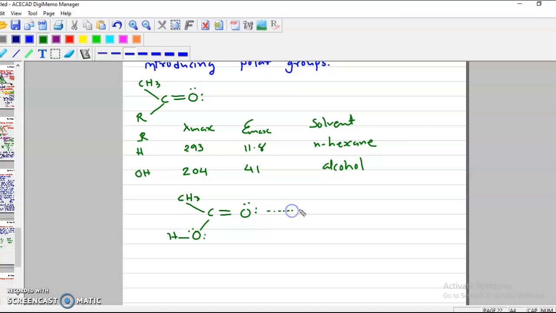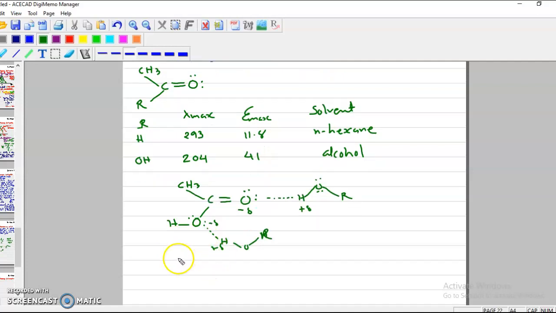Alcohol has a polar OH group, where hydrogen is partly positive and oxygen is negative, so you will find hydrogen bonds. Similarly, here also formation of hydrogen bond takes place with solvent molecules, and due to hydrogen bonding these lone pairs are involved in bond formation.